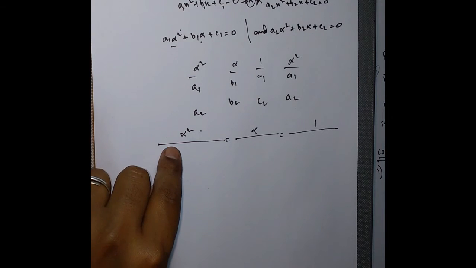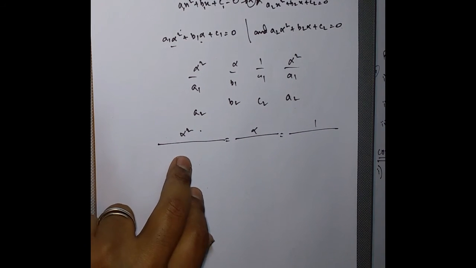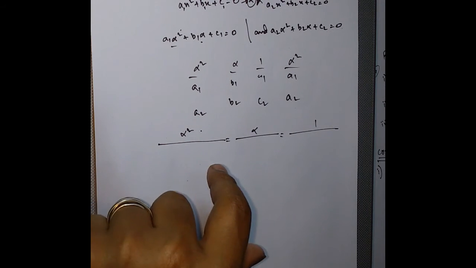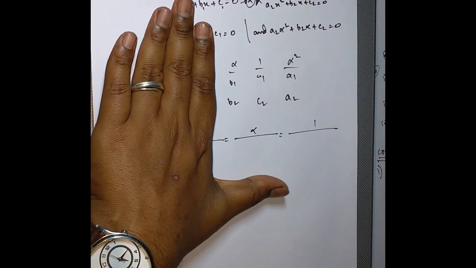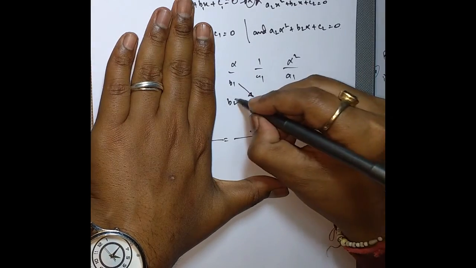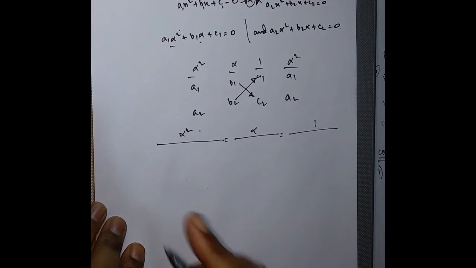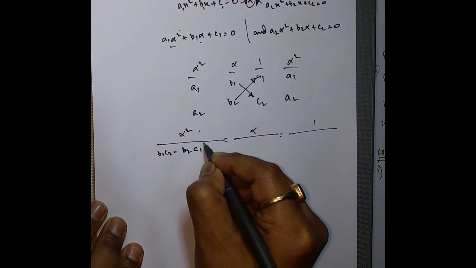When you write the denominator part of alpha square, just cover the alpha square. What do you see? b1 c2 minus b2 c1.